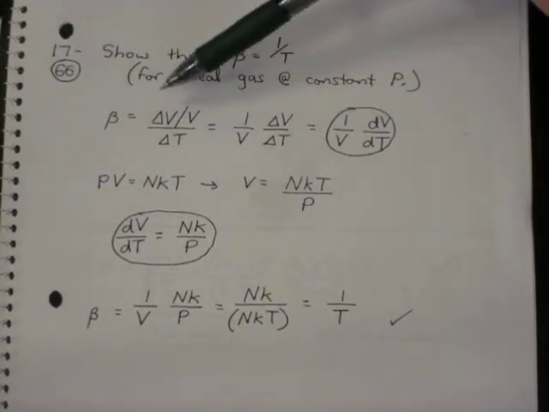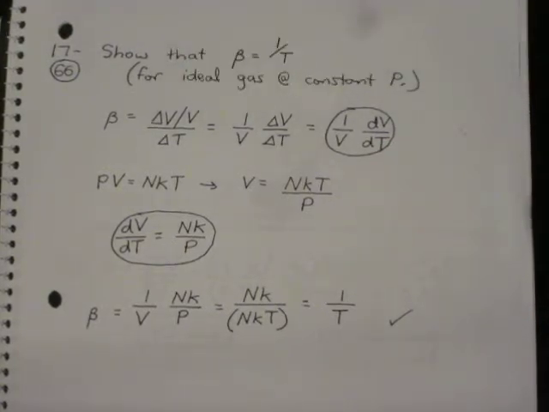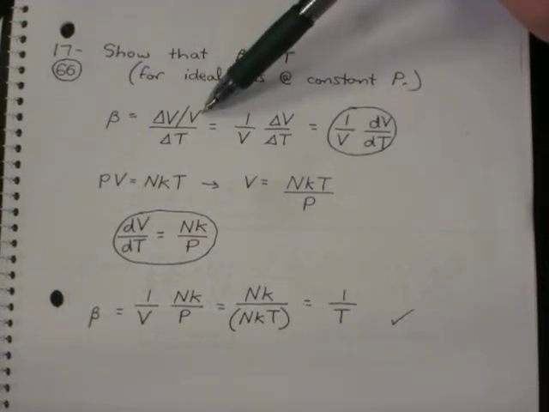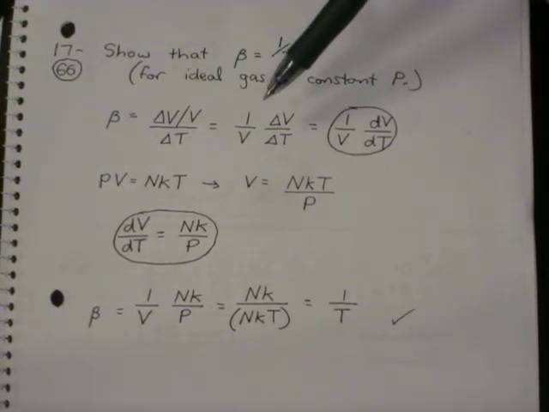Beta is just generally, if you look back in the chapter, it's not an equation I gave you in class, but if you look at equation 17.6 in the book, it says beta is just generally the change in volume over initial volume over change in temperature.